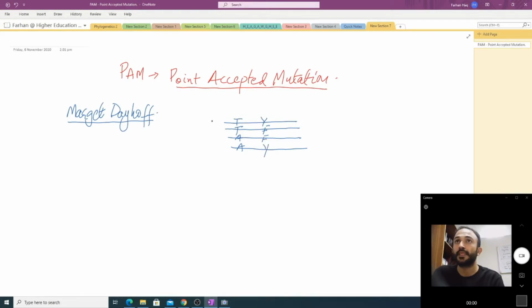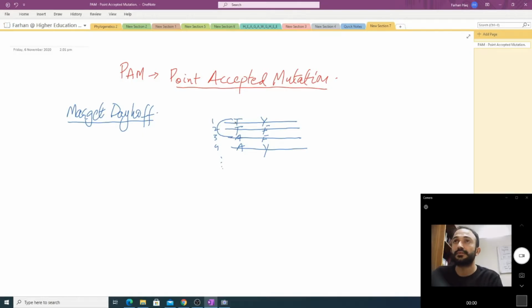Based on all the protein sequences available, she calculated the frequency of occurrence of each amino acid at each position, or you can say the frequency of change of any amino acid at any site.